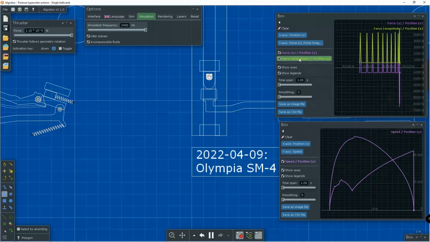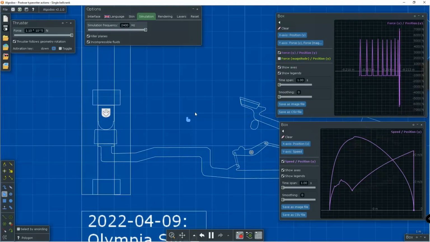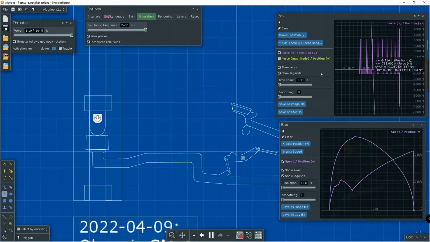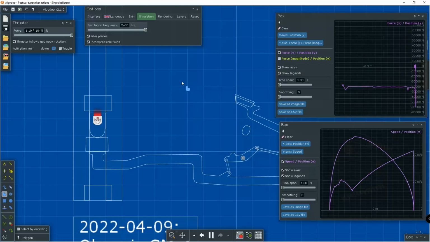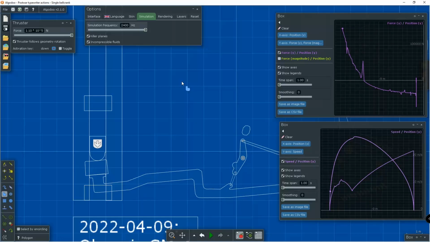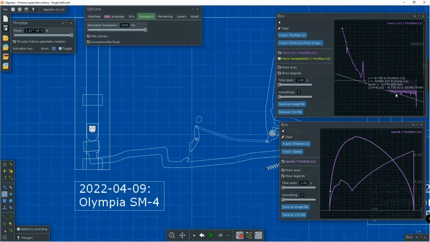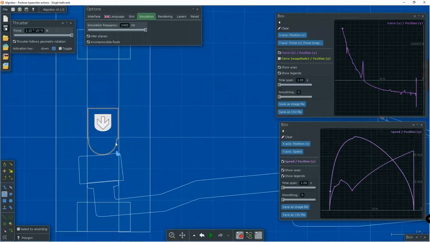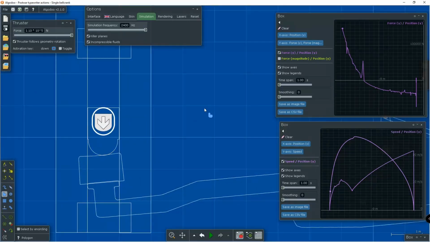So that means that I should have been solely relying on this original net force graph. Now looking back at our Olympia SM-4 force curve, this is the correct interpretation. This here is our normal force, but translated down by the constant force of gravity and the constant input force.